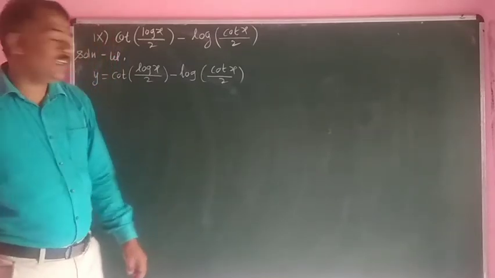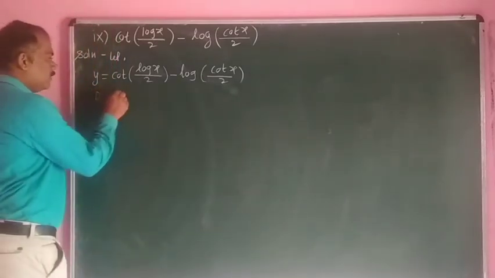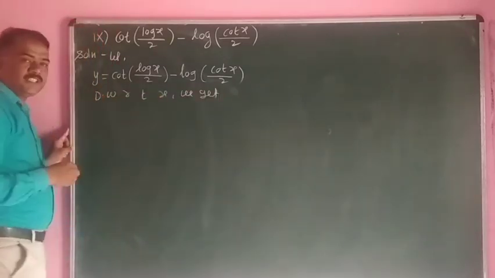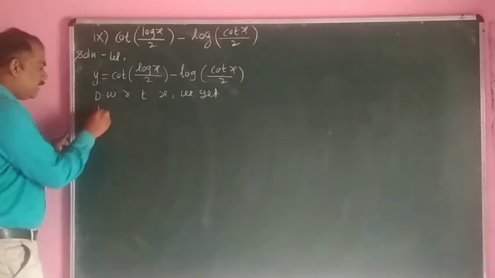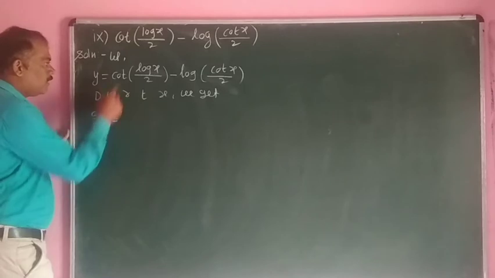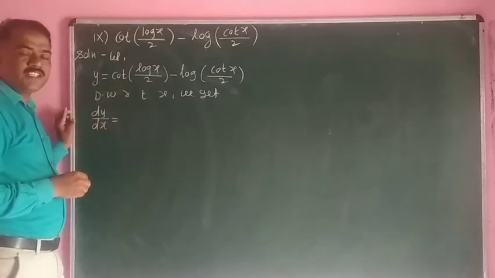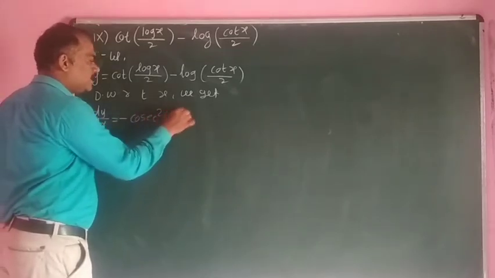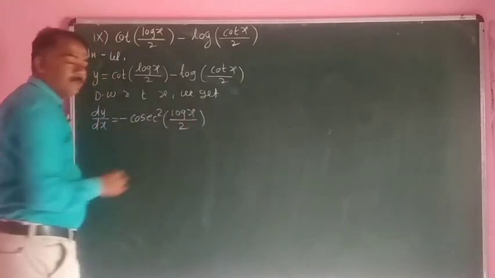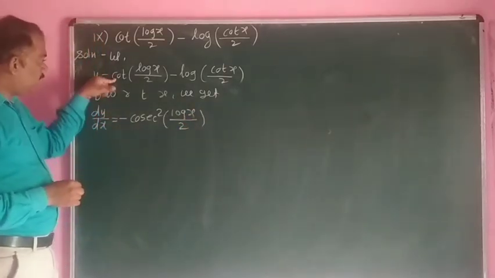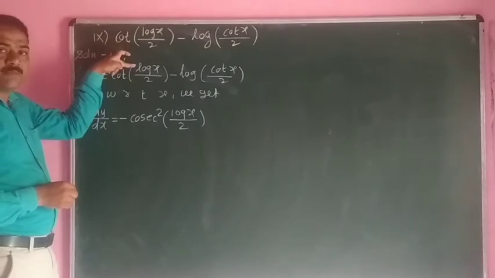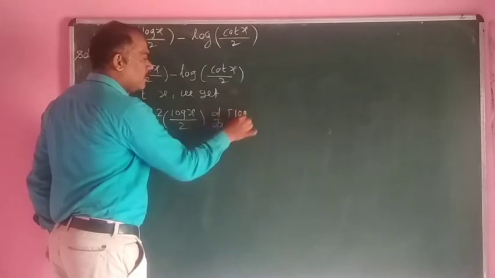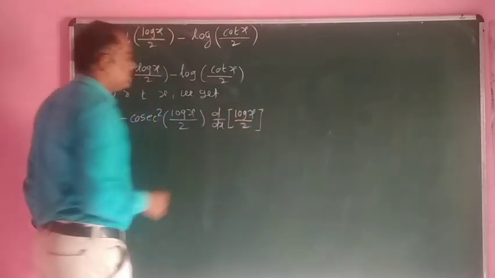We have to differentiate with respect to x. What is the differentiation of y with respect to x? First of all, we take the derivative of cot. What is the derivative of cot? Minus cosec square, keeping the angle as it is, log of x by 2. Next we take the derivative of log x by 2, that is d dx of log x by 2.